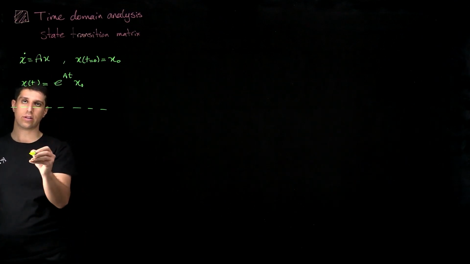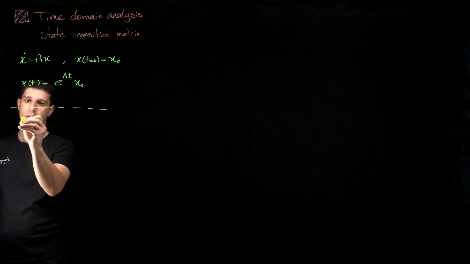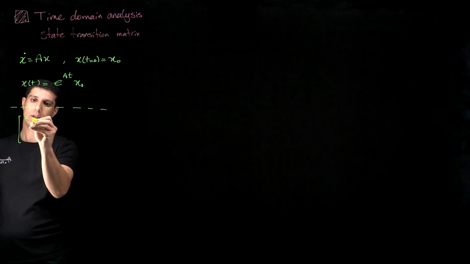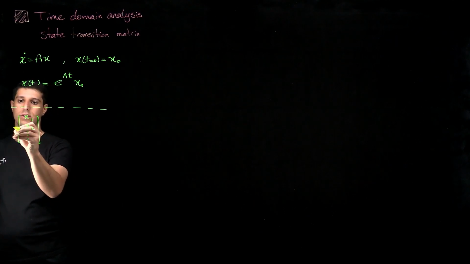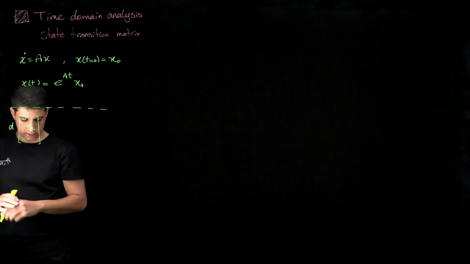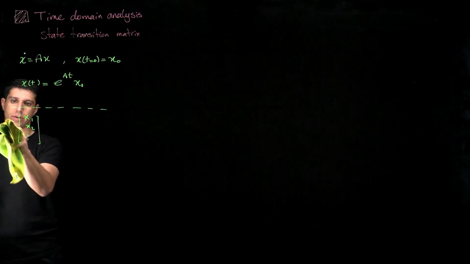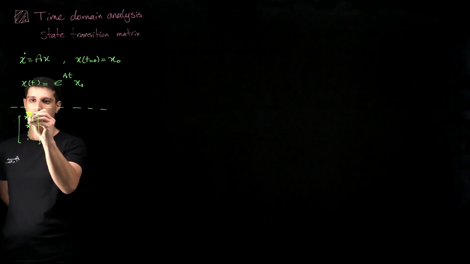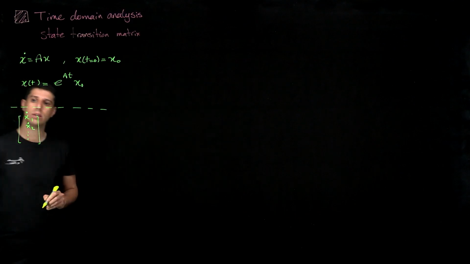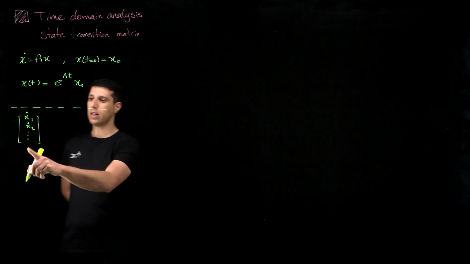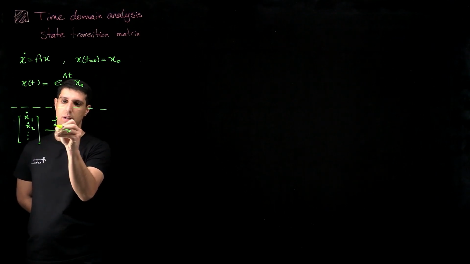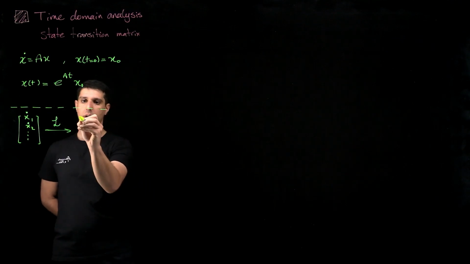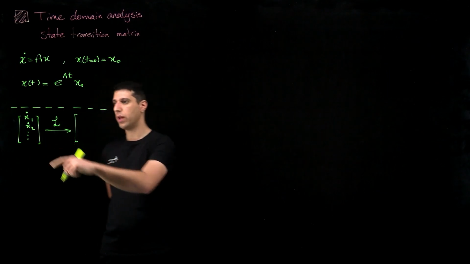So I have this equation, x dot equals Ax. So x is a vector, x1, x2, and so on. I'm taking d over dt of this, x dot 1, x dot 2, and so on. So taking Laplace of this, I can take Laplace of individual elements.